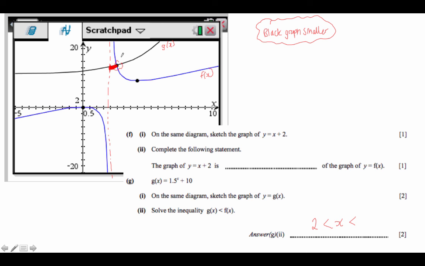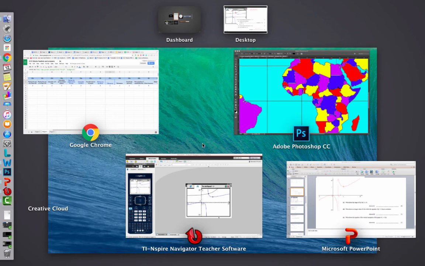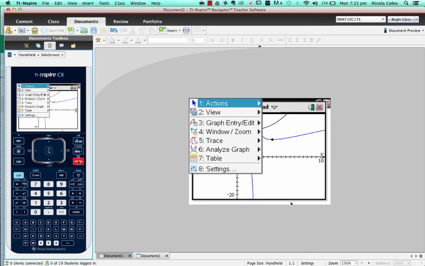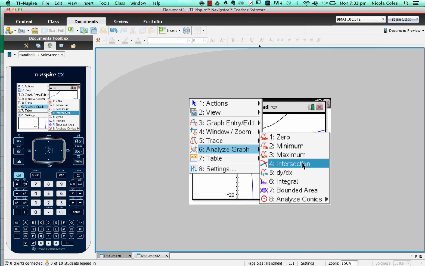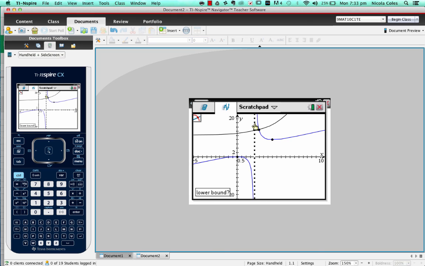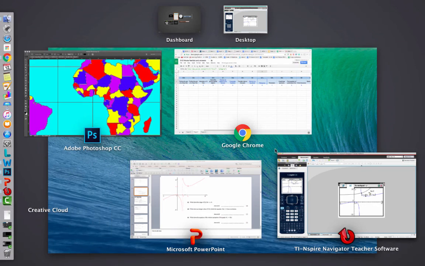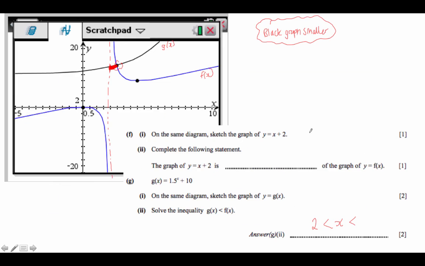So using my GDC, I could find that point by doing menu, analyze, intersections of here and here, and I can see that the x coordinate for that is 2.485. So up until x is 2.485 or 2.49, the black graph is smaller. After that, the black graph is bigger. So that's the solution to the inequality.